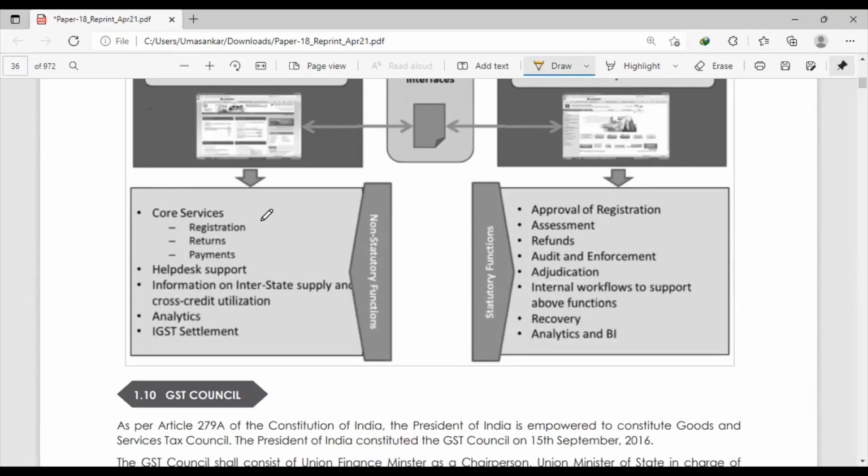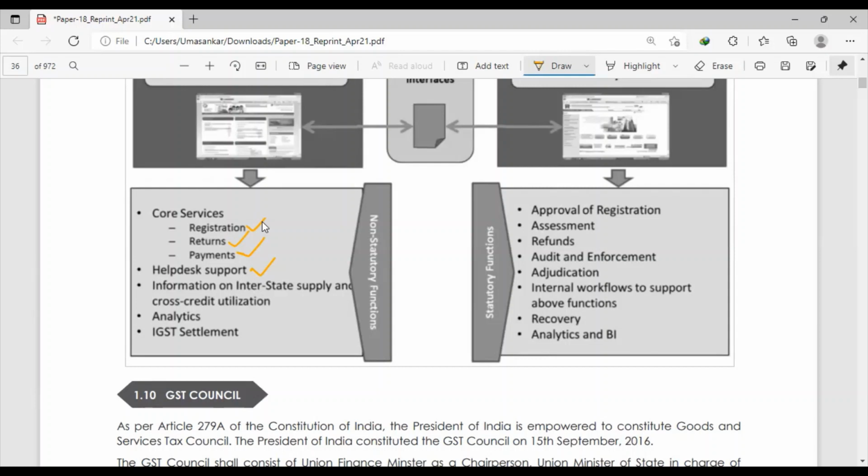We have already discussed the core services. I already discussed registration, return filing, payments, support in concerning circumstances, then information on interstate supply and cross credit utilization, meaning IGST utilized for CGST payments or SGST payments, analytics, and IGST settlements.